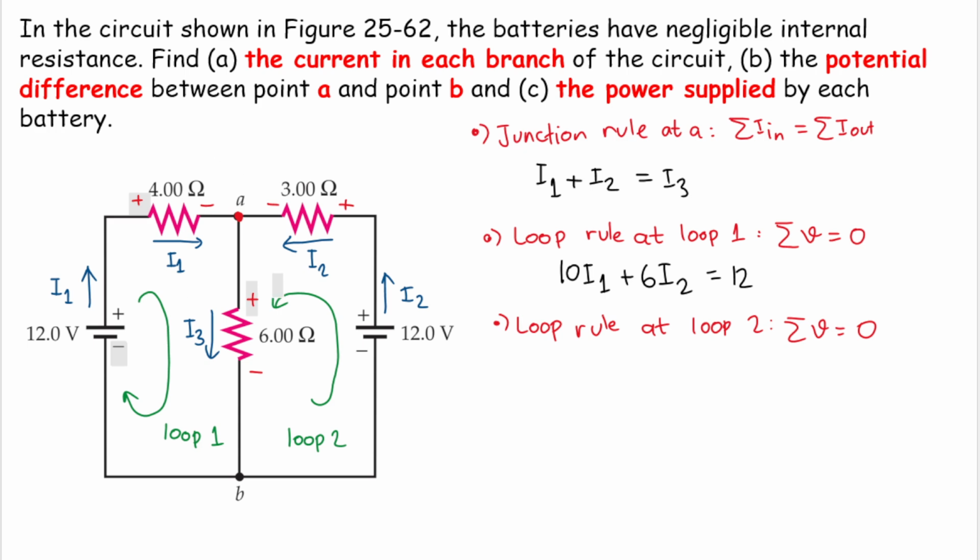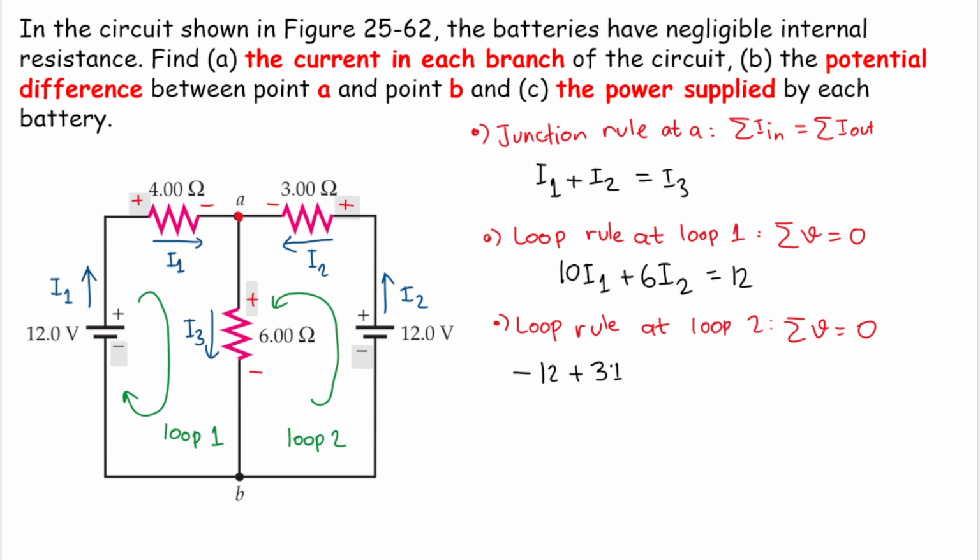Let's start from this battery, with the loop entering from the negative terminal. So I will have a minus sign here, and the voltage is 12. And then we move on to this resistor here, with the loop entering from the positive terminal. So I'll have a plus sign, because it's entering from the positive terminal, and then we will have 3 ohm, and to get the voltage we multiply it by I2.